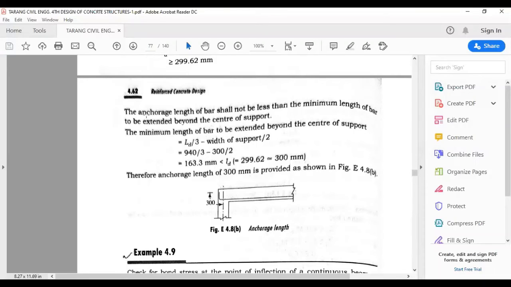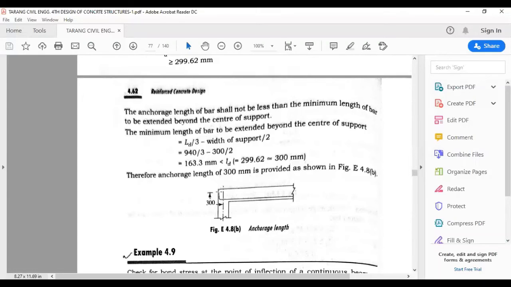So the value which we will get after solving this is 163.3 mm, and it is less than Ld, which was almost 300 mm. Therefore, anchorage length of 300 mm is provided as shown in figure. So this is to check, and if this value is less than this, we will provide this value of 300 mm. So this is the anchorage length, as you can see, this one.